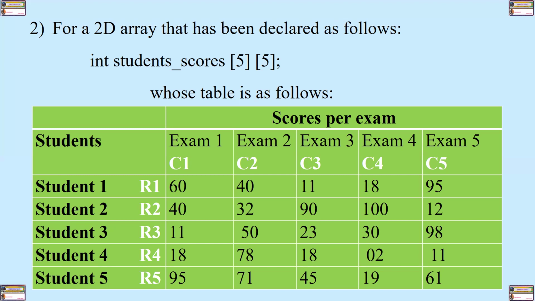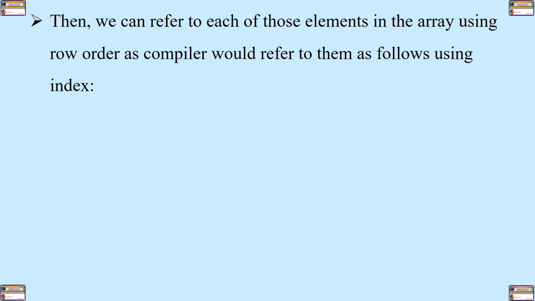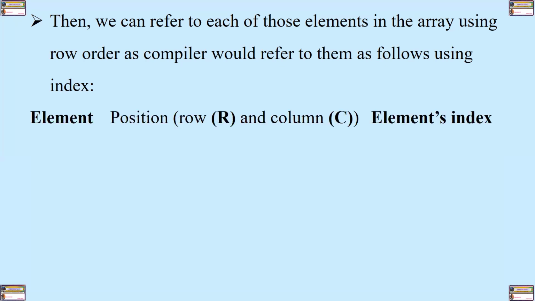That's 5 by 5. Now, we can therefore refer to each of those elements in that table using row order, as compared to referring to them using index, as follows. First element is in row 1, column 1. So what is its index? Remember, for a two-dimensional array and more, you identify an element using two subscripts.